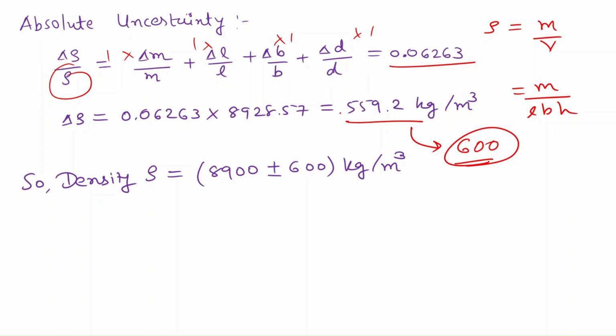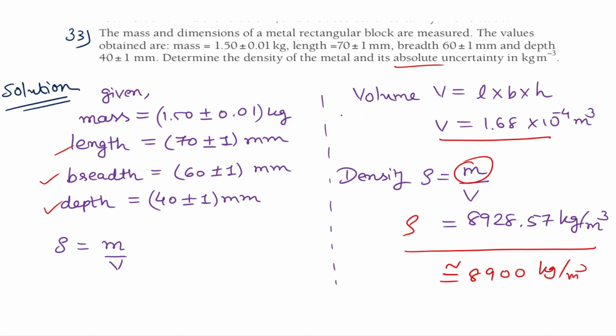If you want to put this value as it is, that is okay, because there is no mention of rounding the value. If there is no mention of rounding, you can put this value as well.